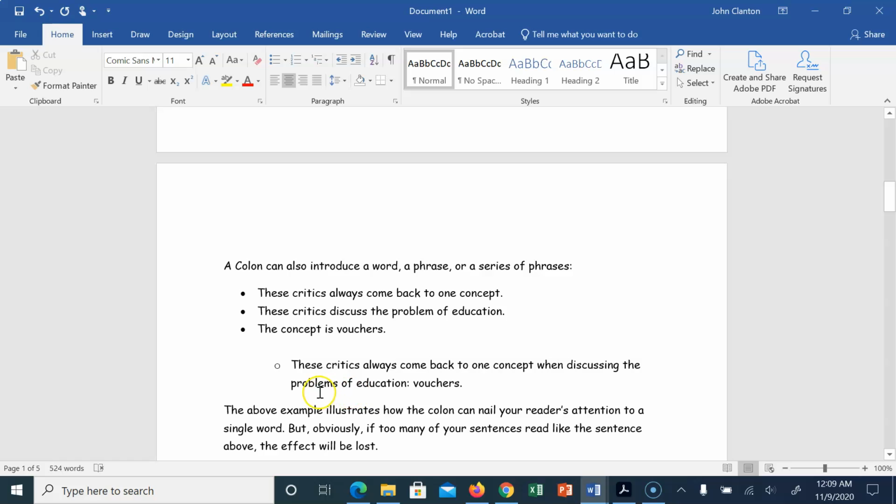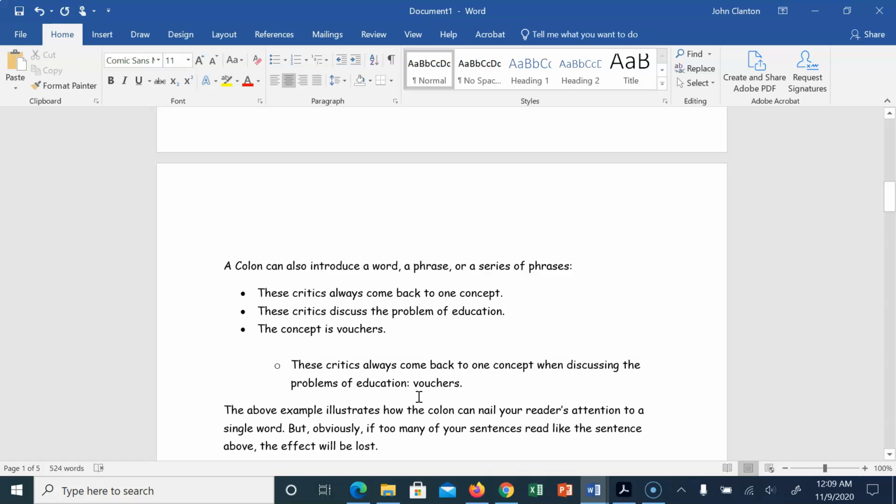Okay, one thing you want to remember is on the right-hand side of the colon, you don't have to have a complete sentence. You could have a word, a phrase, or a series of phrases. Take a look at this example. So with these three sentences here, we will combine them together. These critics always come back to one concept when discussing the problems of education: vouchers.